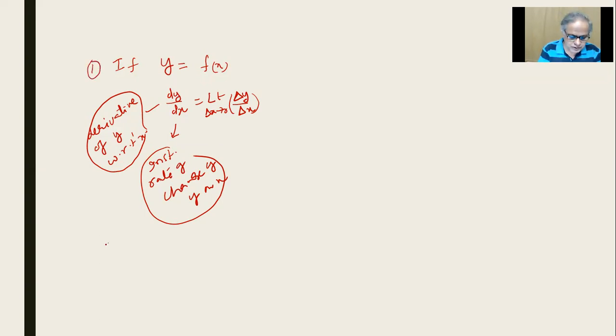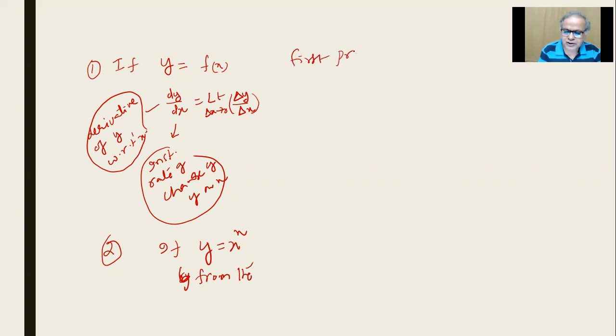After that, we told this: if y equals x power n, by going from the first principles, what is first principles? Finding out delta y by delta x and then putting delta x equals 0.